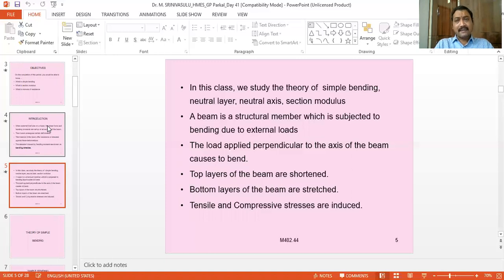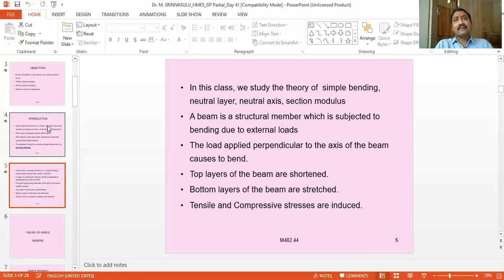So here what is happening is, whenever the beam is subjected to some external load, we have the top layers, that is the outermost surface of the beam, called the top layers, and the innermost surface of the beam called the bottom layers.